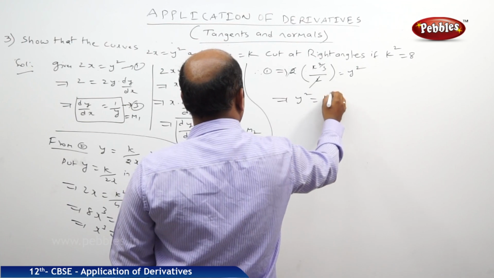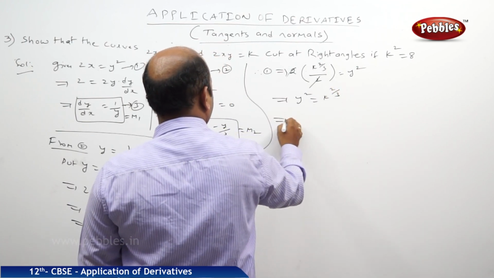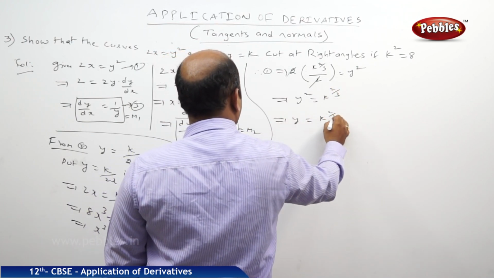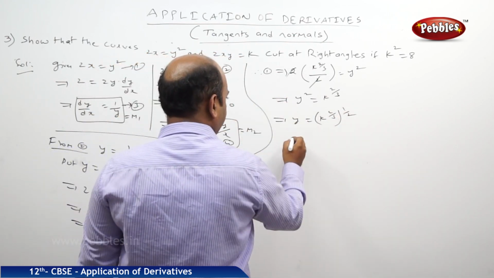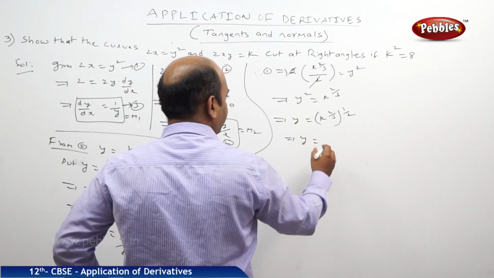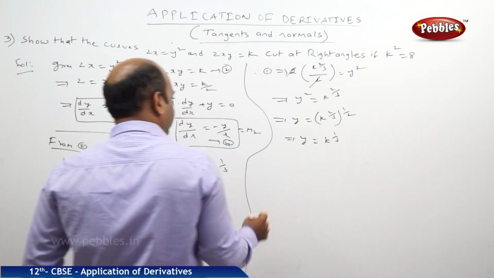Finally, y square is equal to k power 2 by 3. That means y is equal to (k power 2 by 3) whole power 1 by 2, so finally y is equal to k power 1 by 3.